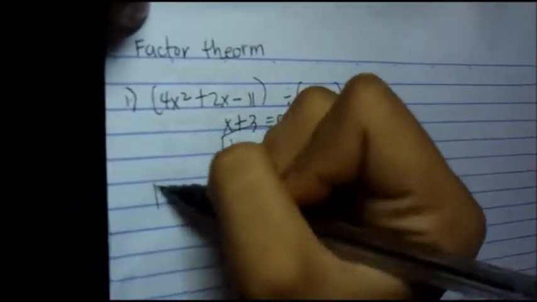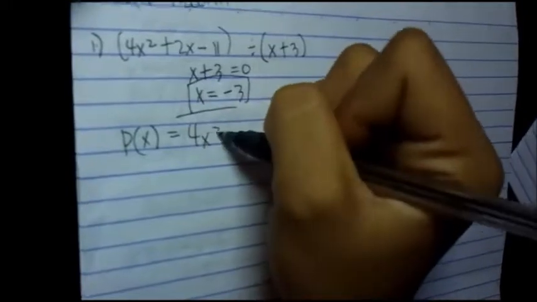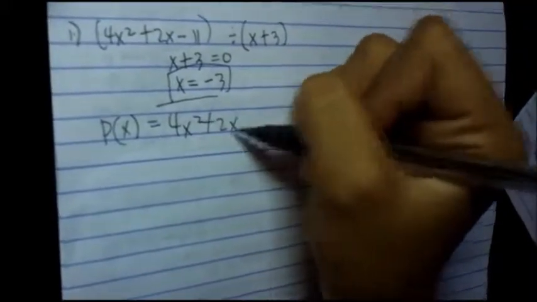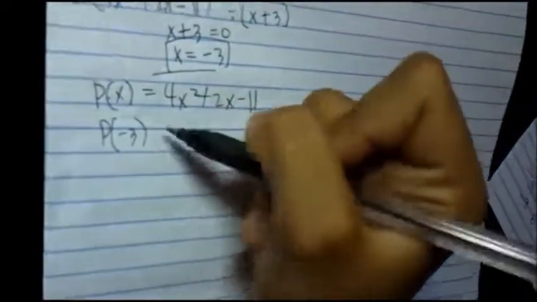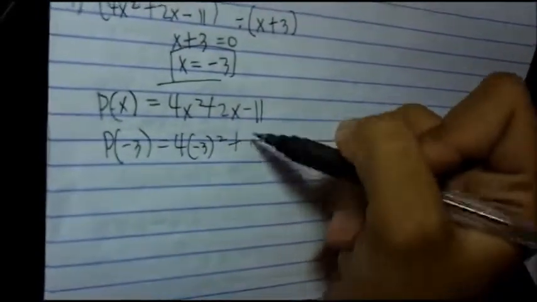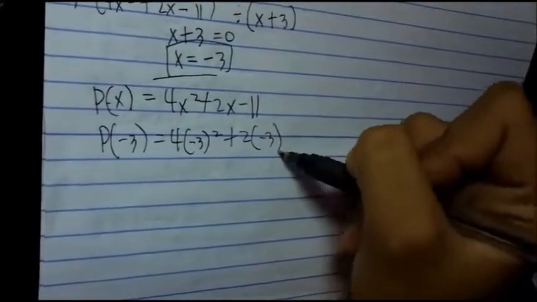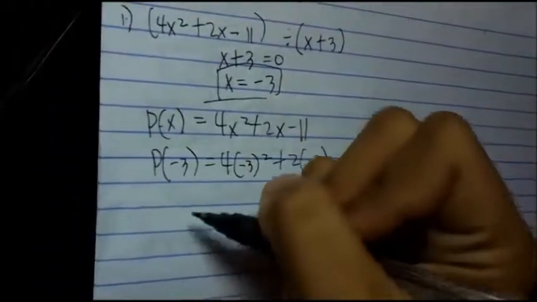So, p of x is equal to 4x squared plus 2x minus 11. Then, x is negative 3, so p of negative 3 is 4 times negative 3 squared plus 2 times negative 3 minus 11.